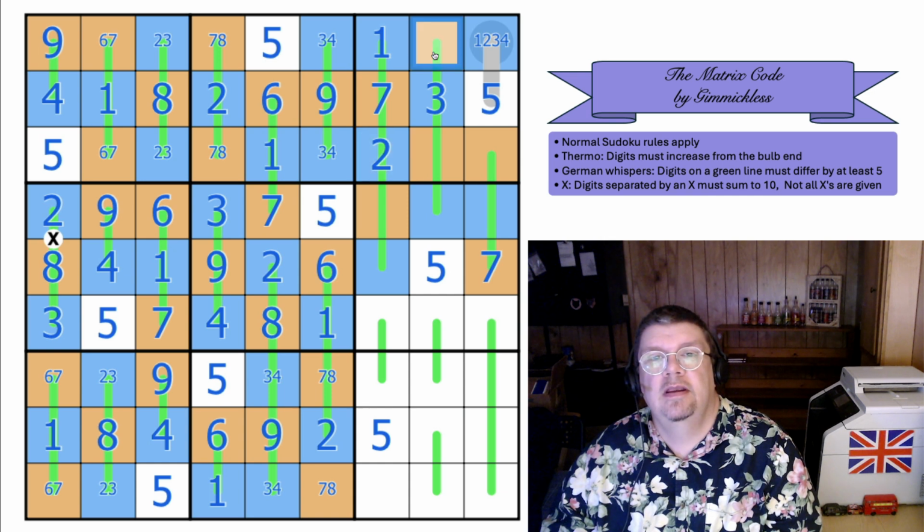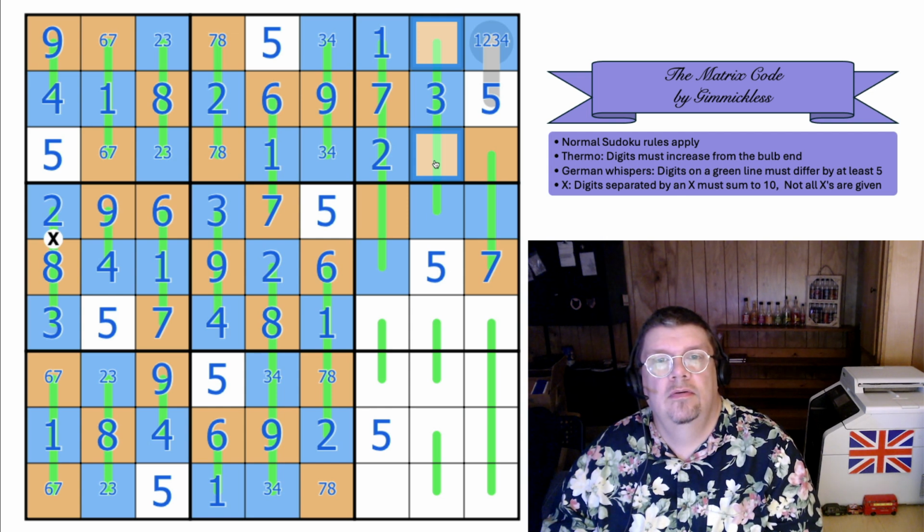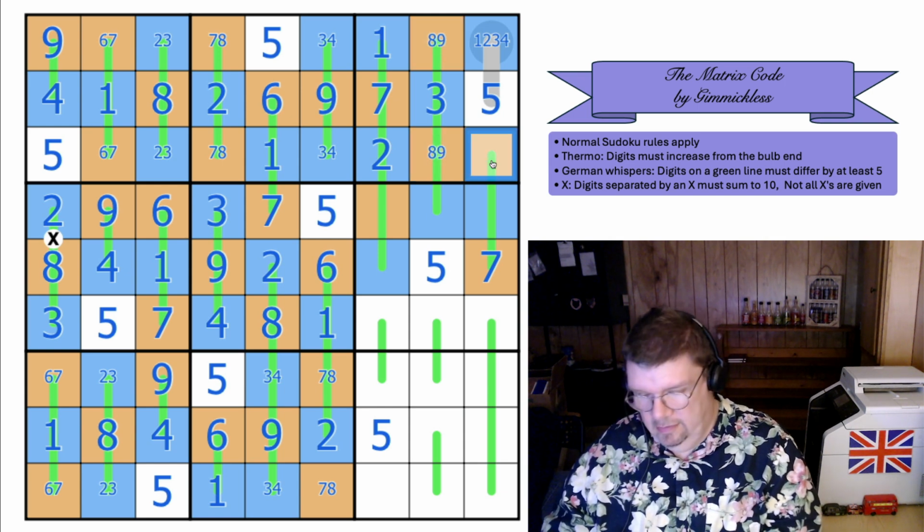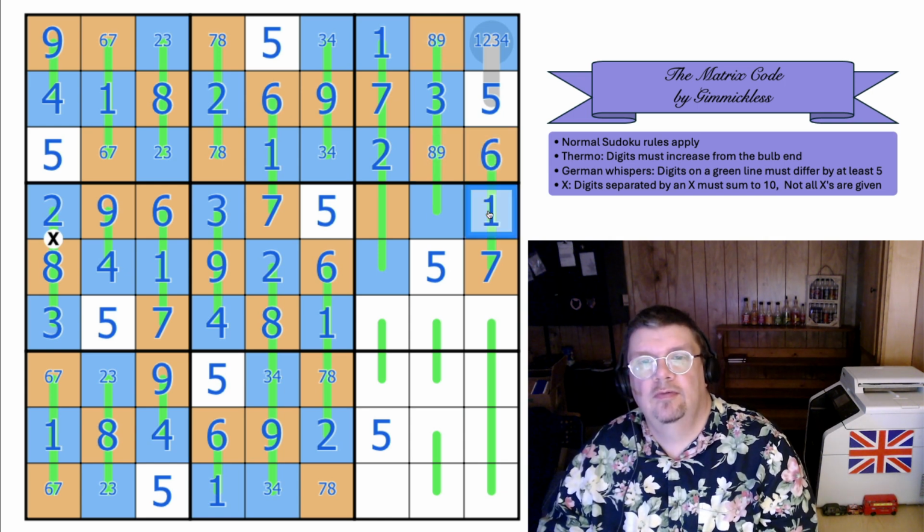That 3 means this is an 8-9 pair, which I don't yet see how to place. Come back to that. Right, that's 6, that's 1.